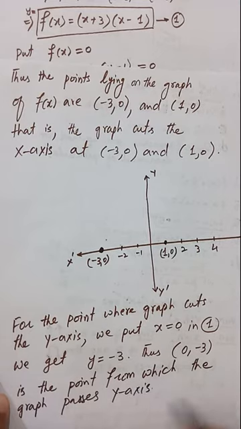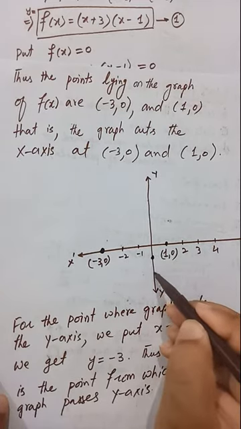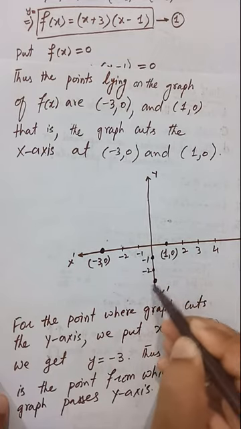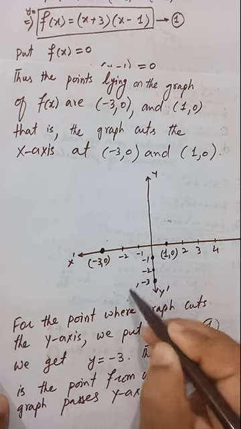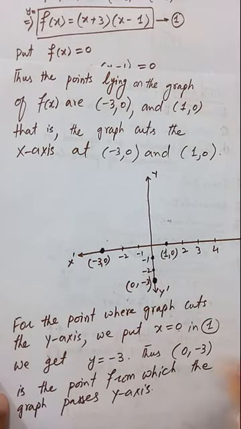In other words, you can also say that this is the y-intercept. So let's say this is -1, this is -2, and this is -3. So 0, -3 is another point from which the graph will pass. Okay. You find these points, meaning you find the x-intercept and y-intercept.